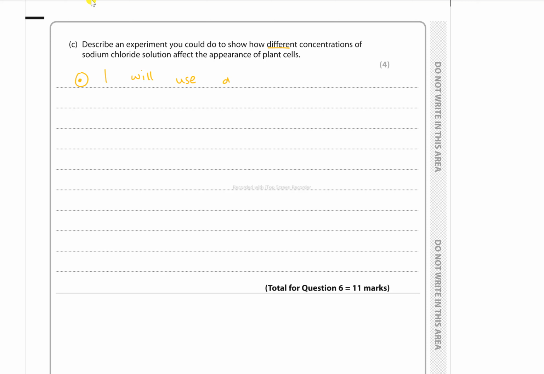I will use different concentrations of sodium chloride solution, and normally we use onion cells.